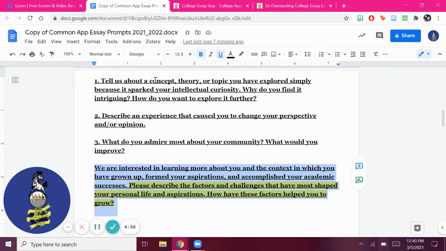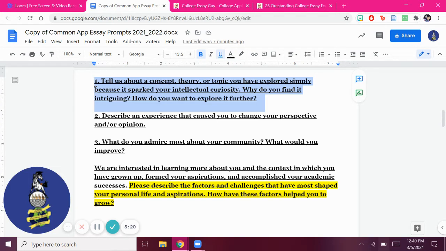Number 1: Tell us about a concept, theory, or topic you have explored simply because it sparked your intellectual curiosity. Why do you find it intriguing? How do you want to explore it further? This is supposed to highlight your interests and demonstrate why you stand out.